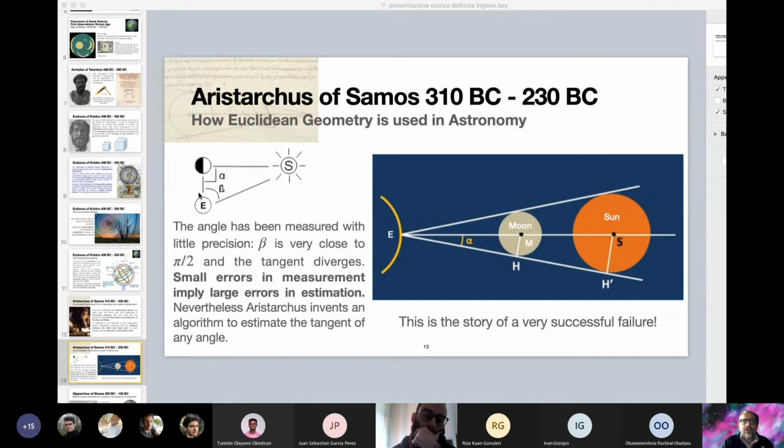Now, imagine to stay on the Earth and observe the half moon, exactly the half moon. Okay, so the idea of Aristarchus is that the distance between the Earth and the Moon is much smaller than the distance between the Moon and the Sun. So the rays of the sunlight arrive all parallel to the Earth and the Moon.